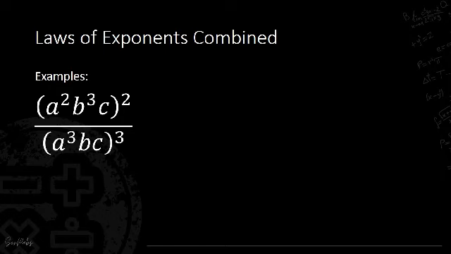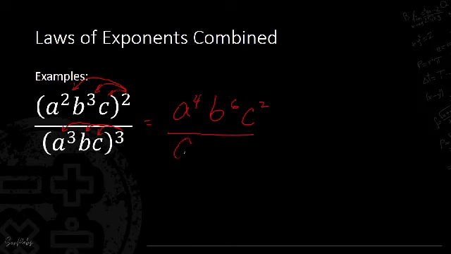Okay, next part. So first here is to distribute the exponent to each element in our parentheses. And then after that, we will apply the division of similar variable. So distribute muna tayo. So we have a to the 4th, b to the 6th, c to the 2nd, over a to the 9th, b to the 3rd, c to the 3rd.